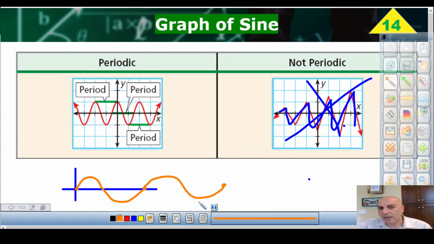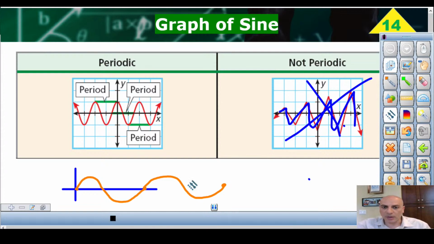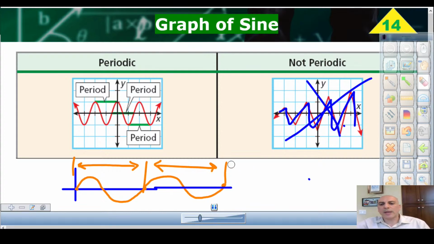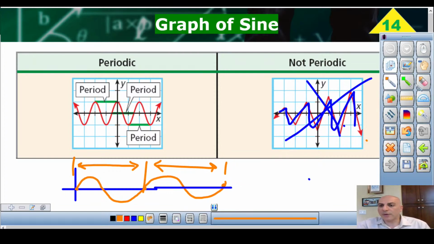So you notice I did actually repeat myself. That's why we call it a periodic function. Something that repeats itself in regular intervals, the same amount of time. From here to here, it takes the same amount of time to proceed. This amount of time is the same as this amount of time. And we call that periodic functions.